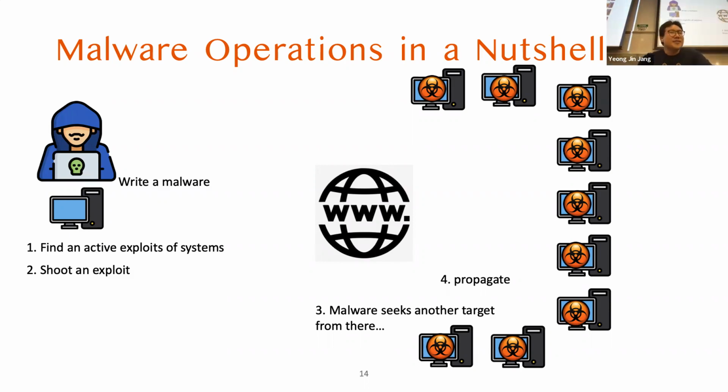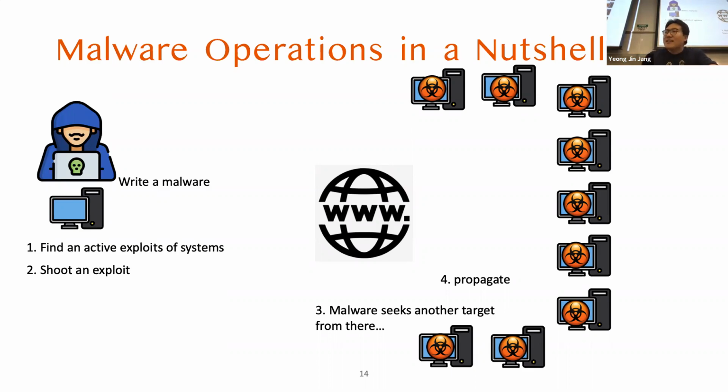So it's exponential growth. I just want to demonstrate that even if the attacker shoots just one exploit, if they wrote the malware to infect other machines by itself, we can easily trigger this kind of exponential growth of the attack. That's how malware worked in the early days.